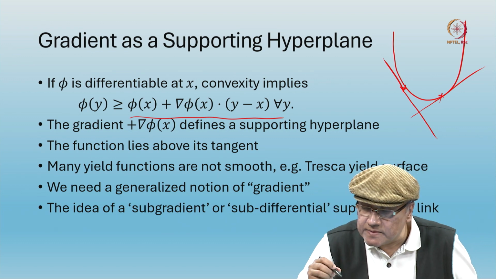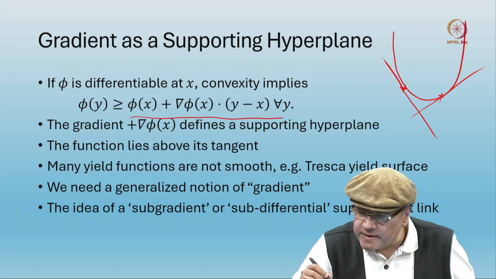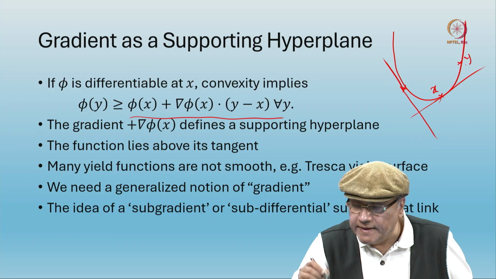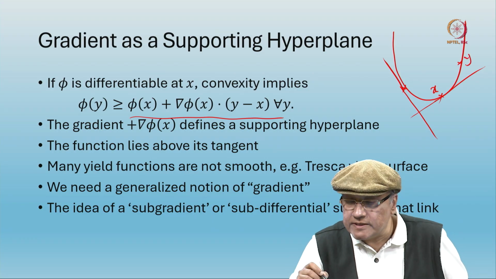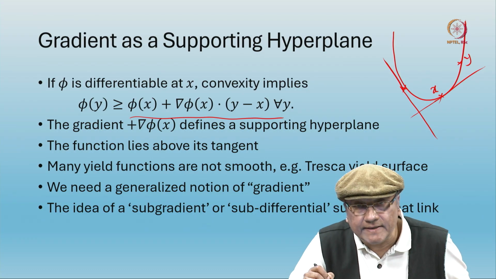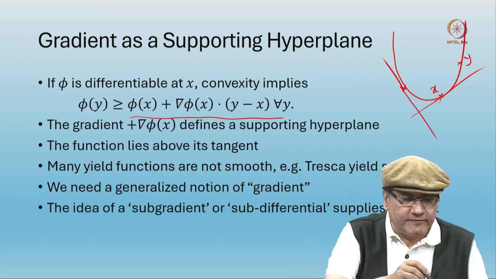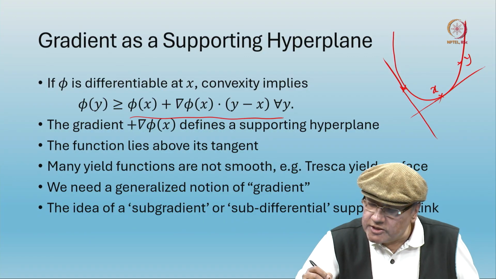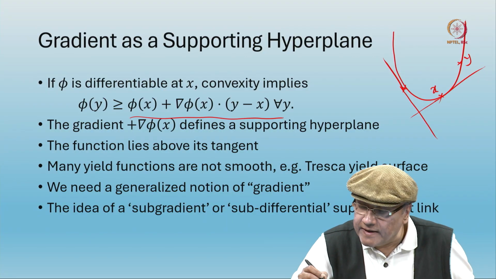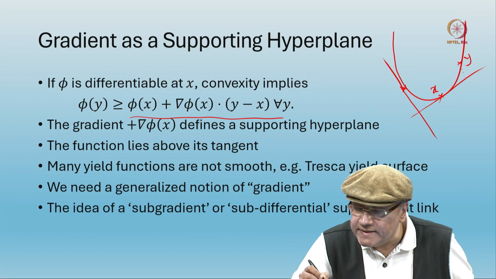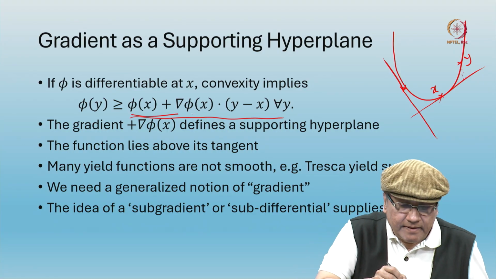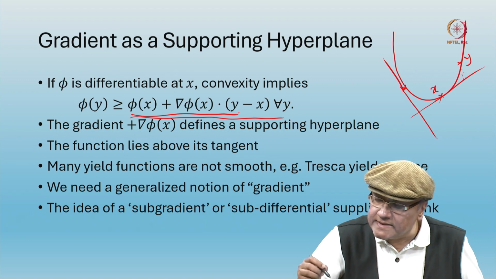Okay. So this is my description for the supporting hyperplane. Let us say this point is x, and this point is y. So this is phi of y and this is phi of x. You can clearly see that phi of y has to be greater than phi of x plus the gradient of phi times y minus x.